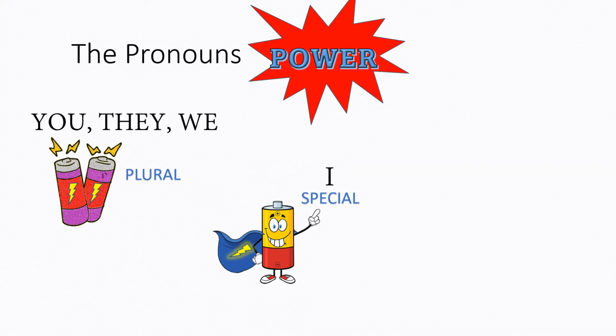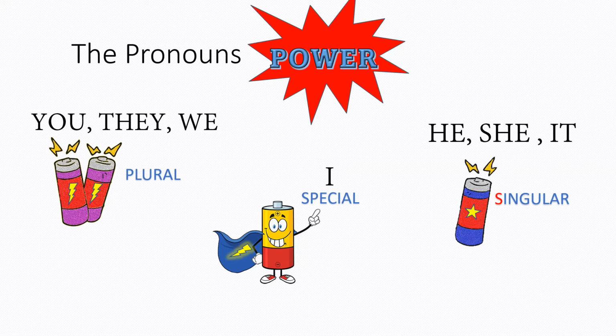The pronouns you, they, and we have plural power as indicated by the double batteries. Finally, the pronouns he, she, it have singular power as indicated by the single battery.